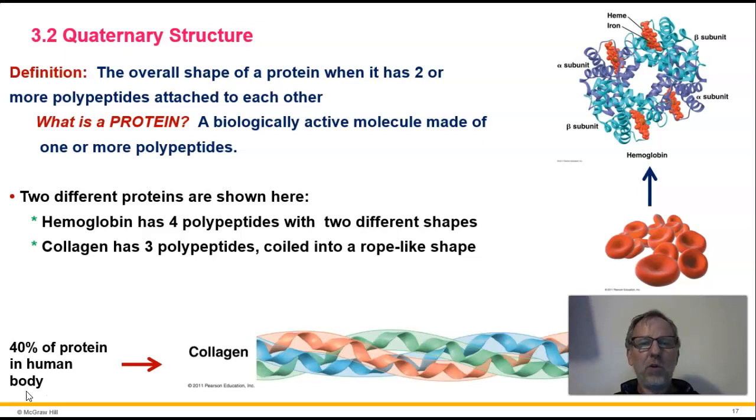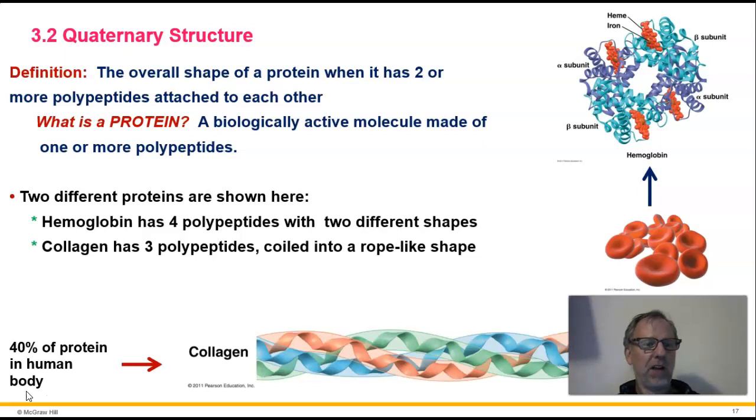So I'm showing you hemoglobin here, but look at the bottom of the slide. I'm also showing you collagen. Look how collagen is made of 3 polypeptides that are twisted around each other like a rope. And remember, I mentioned this a little earlier, collagen is a structural protein. It's helping to hold things together in your body. So a rope-like structure seems like it would work well for structure. So collagen is rope-like.